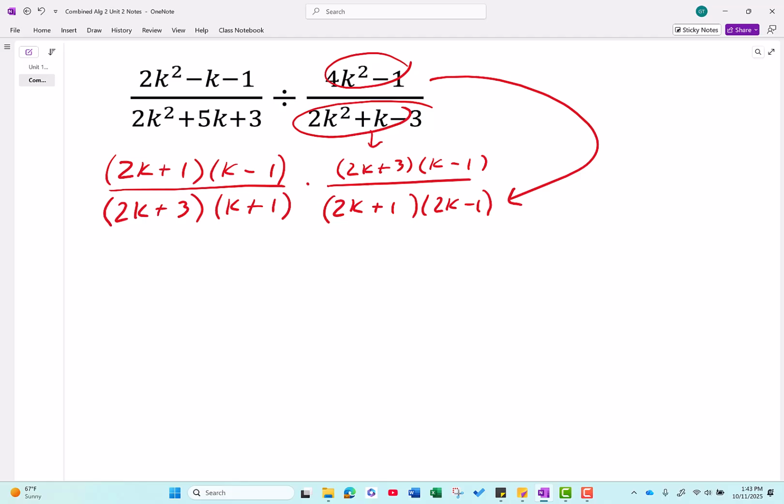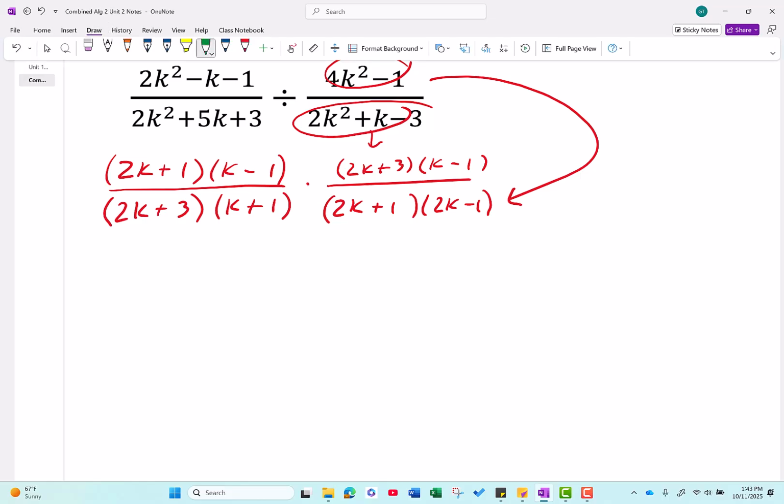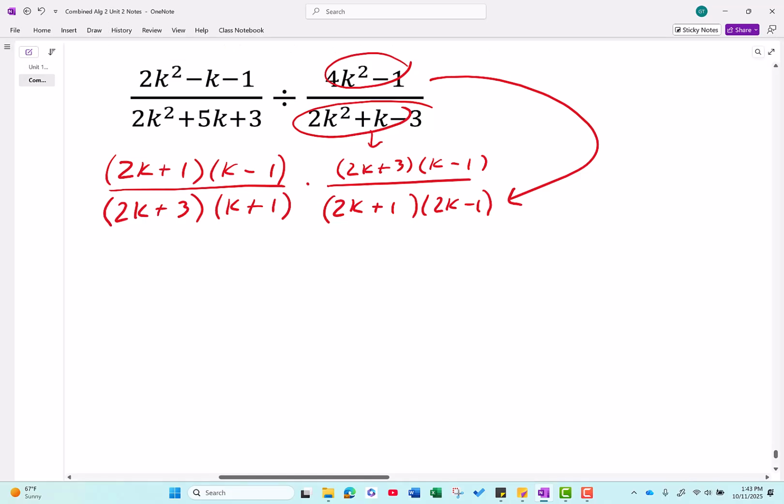Those will multiply out to get negative 1, and then it'll be plus 2k minus 2k, and those will cancel out. All right, so I've now factored those out. It can be a little bit time consuming, that is true. And now I'm going to go through and try to eliminate as many of these factors as possible and simplify.